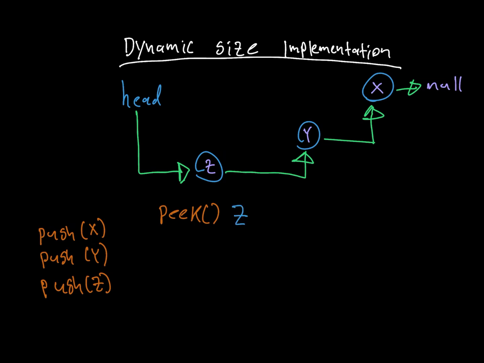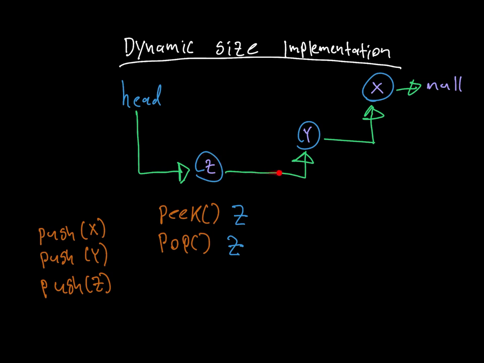What about if we do pop? Once again, we go to head, we see that the first node in the sequence is Z. We're going to store that value, right? We are then going to go to the next node in the sequence that Z is pointing to.